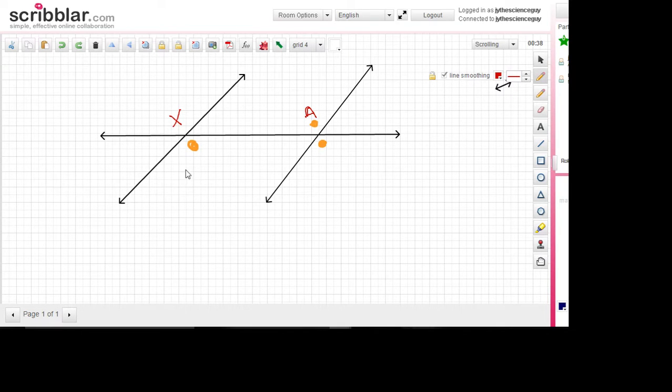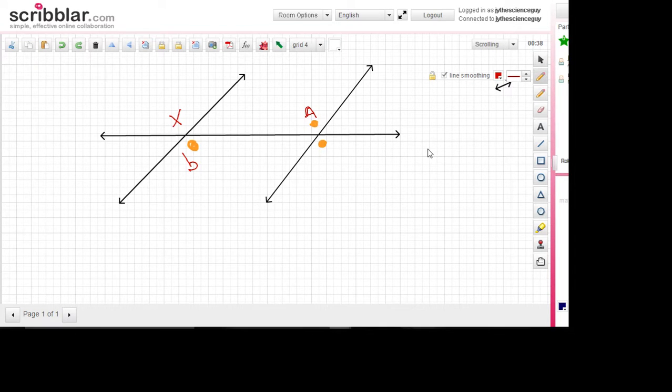Okay. How are B and X related? Vertical. How are A and B related? What does it start with?